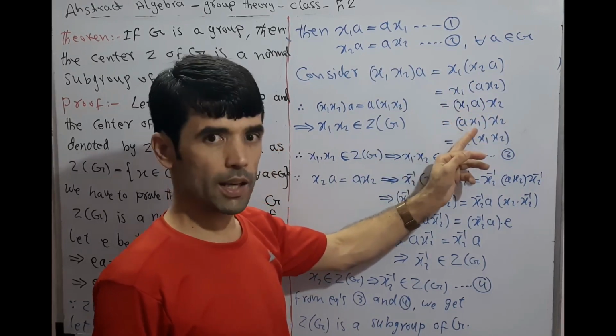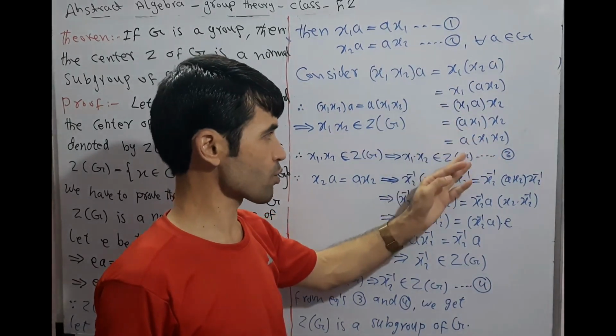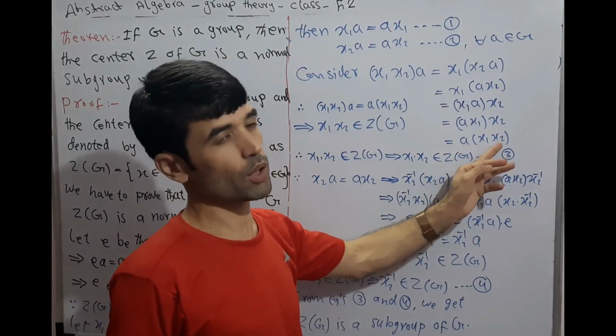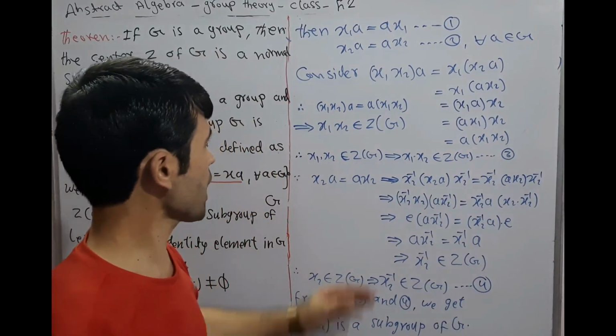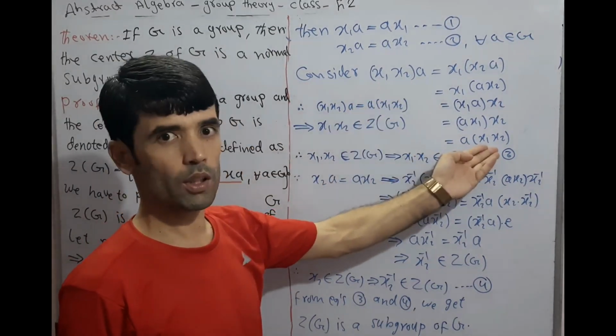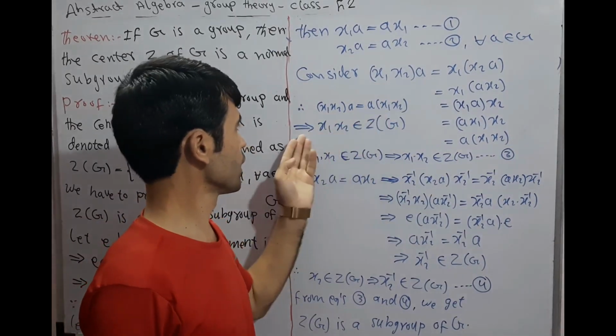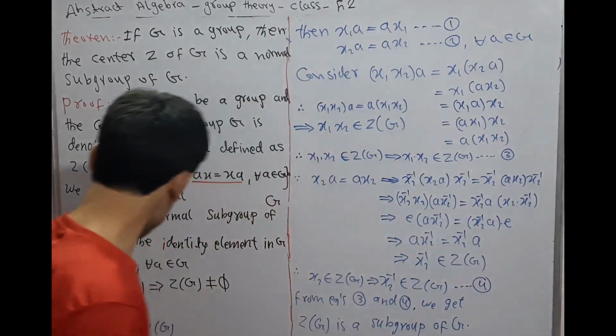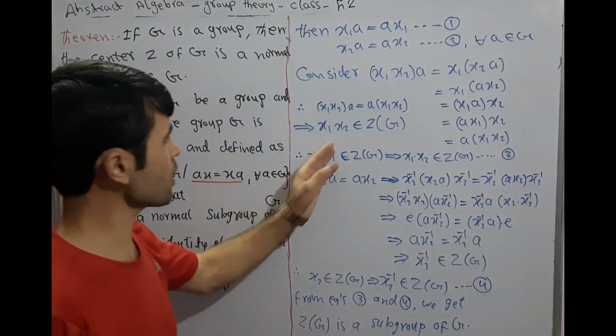It is equal to a x1 into x2. By using associative law, it is equal to a into x1 into x2. Therefore, we prove that x1 x2 a equals a x1 x2. This implies x1 x2 belongs to Z(G).